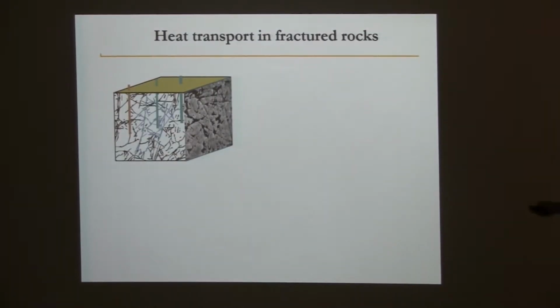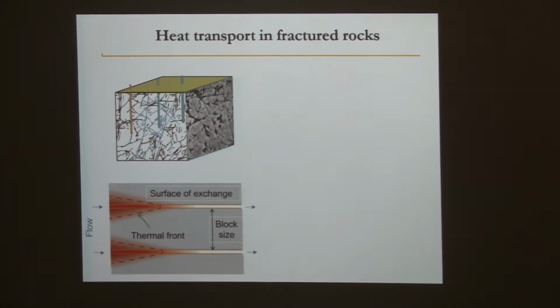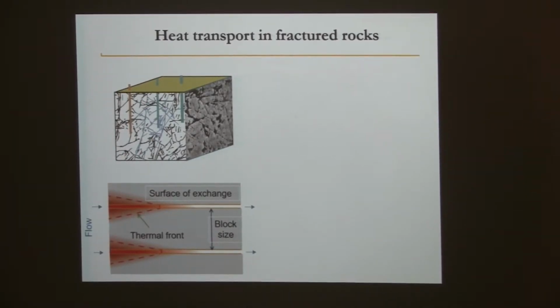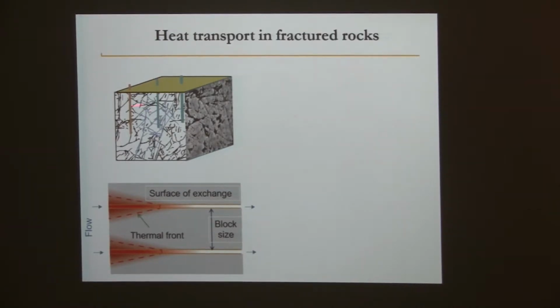So, after this brief introduction, let's speak a bit about heat transport in fractured rock. The main thing about fractured rock is that the scale of the heterogeneity is typically not the same. Here you can have meter, decameter or kilometer scale heterogeneity, and in that case you cannot assume a thermal equilibrium between the fluid that passes through the medium and the rock matrix.